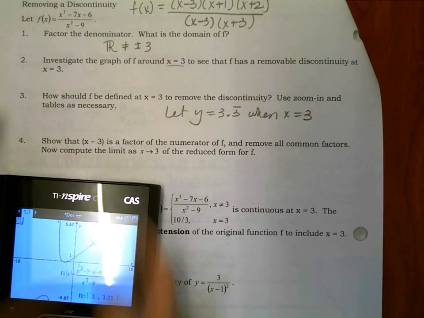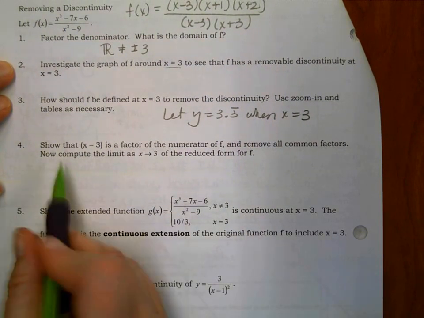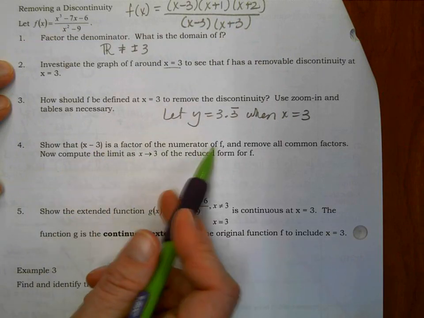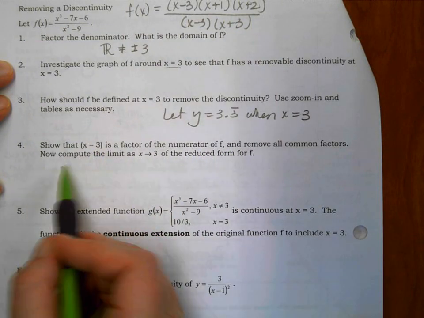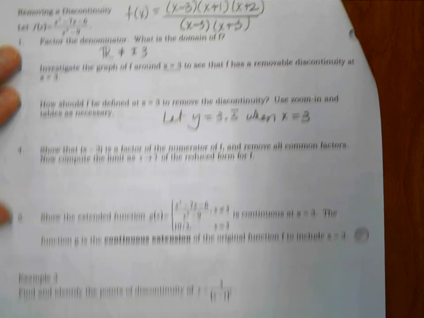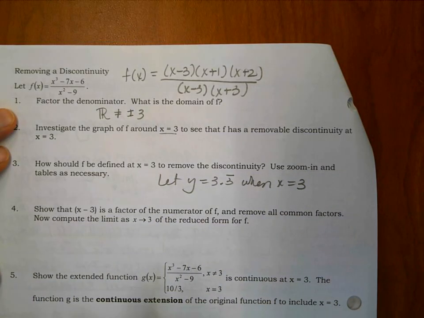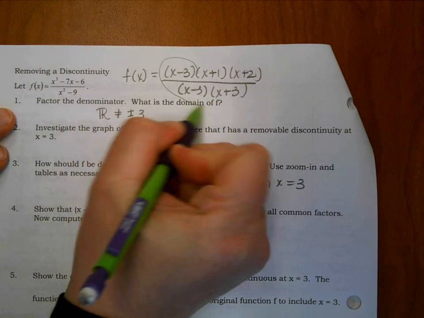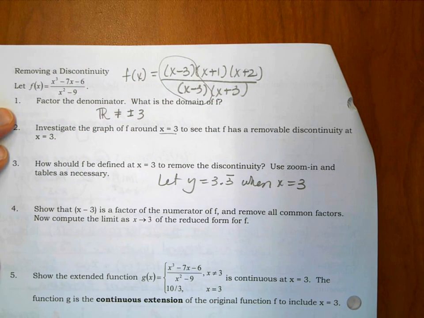All right, so now it's saying show that x minus 3 is a factor of the numerator of f and remove all common factors. Now compute the limit as x approaches 3 of the reduced form. So, okay, if I look back up here, we might have noticed before, these factors would cancel. That told us before it was a removable discontinuity.